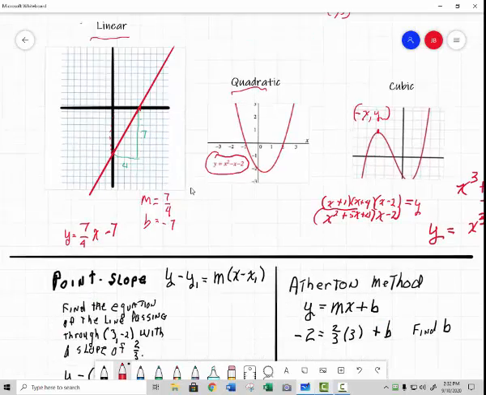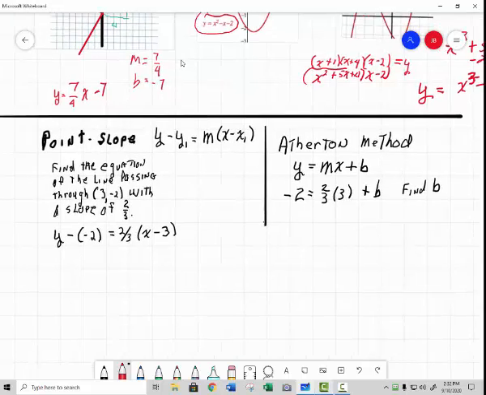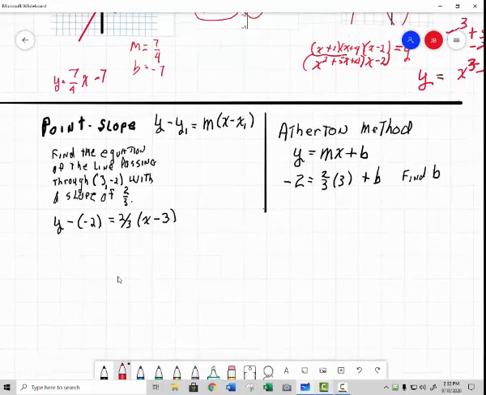Suppose that I've got a point, and this point is 3, -2, and I've got a slope of 2/3. How do I find the equation of that line? Well, you have something called the point-slope method. That's what your book teaches you.